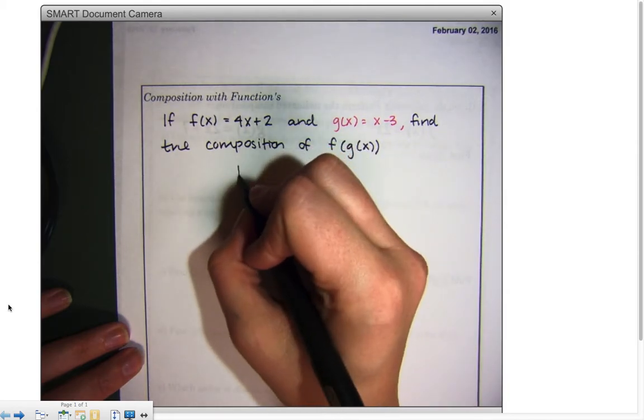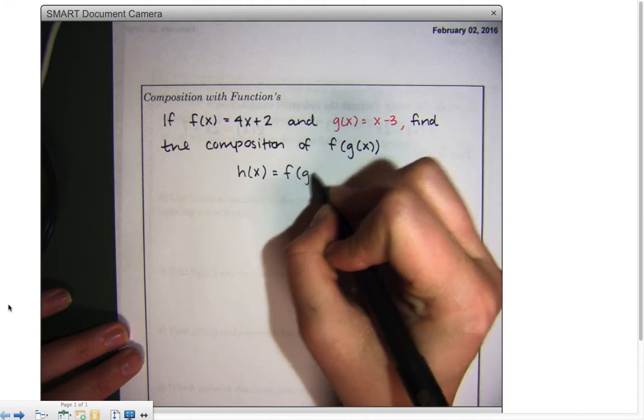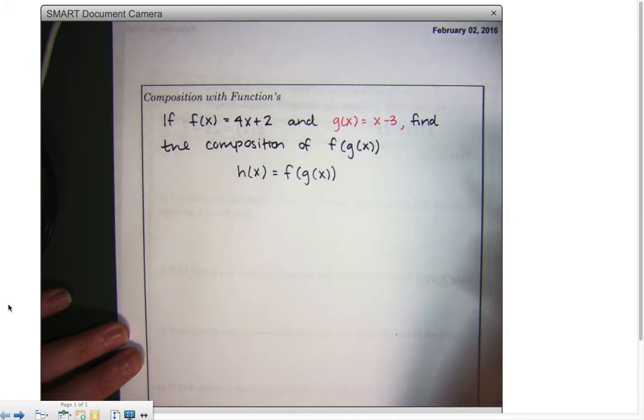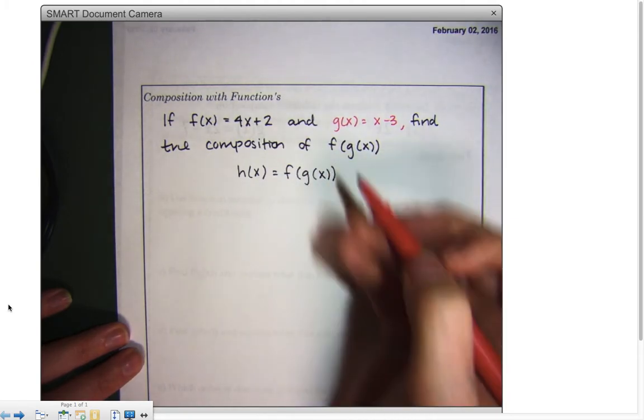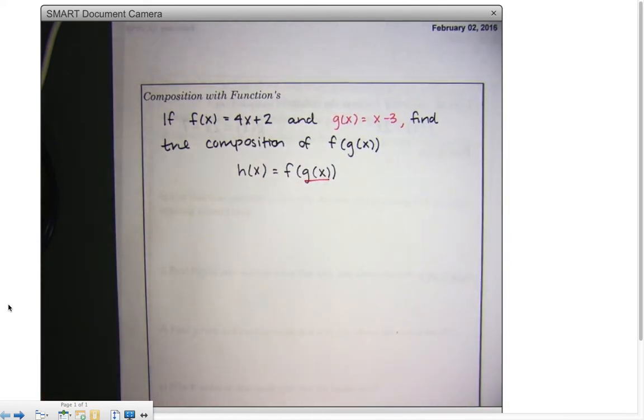So we're saying that our new function h of x is f of g of x. I'm substituting in g of x into the function f of x.